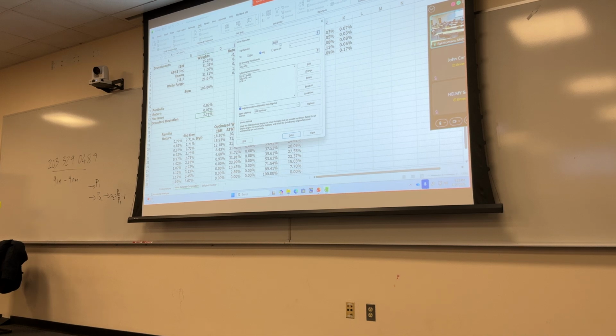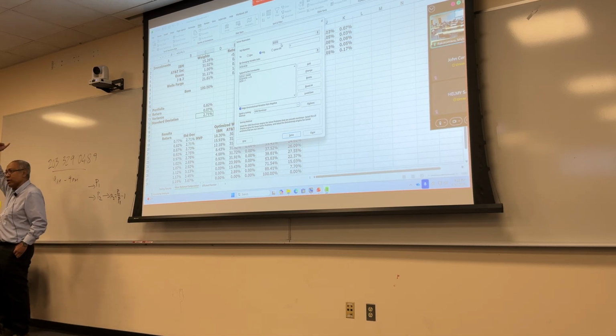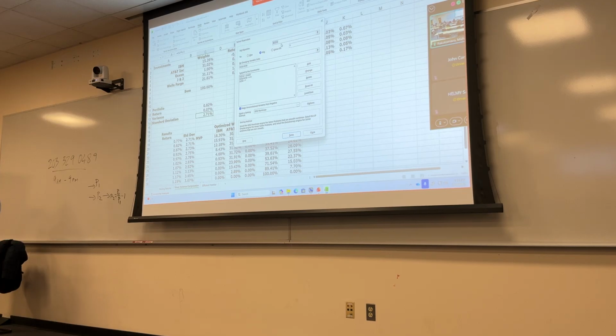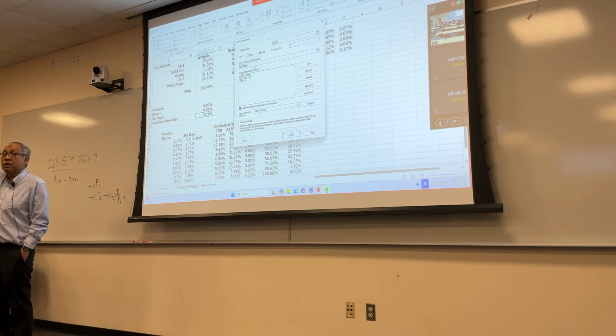Make sure you choose C13 here, which is the variance cell. As soon as you're done with it, raise your hand and we move on. Then the next thing is click on min. Then raise your hand when you choose C2 to C6 in this area of changing variable cells.